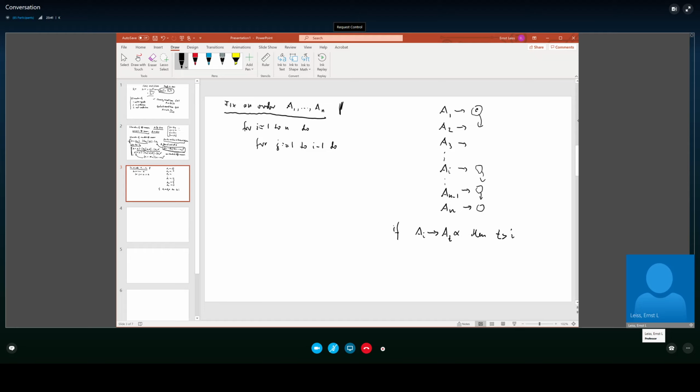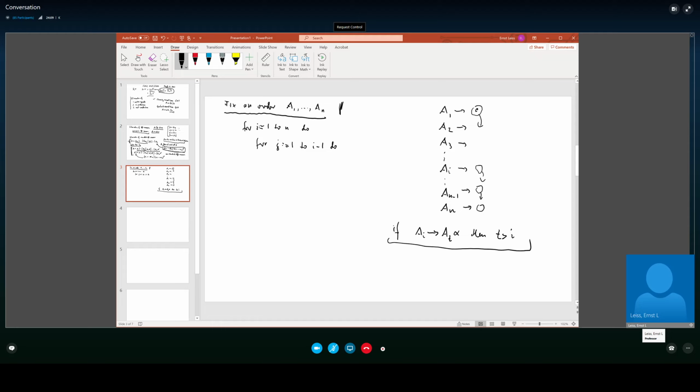The An is the last variable. So if we have an An production, that production has to start with a terminal. It can't start with a variable, because all the variables that are available are n or n minus 1 or whatever, none of which are permissible according to this.